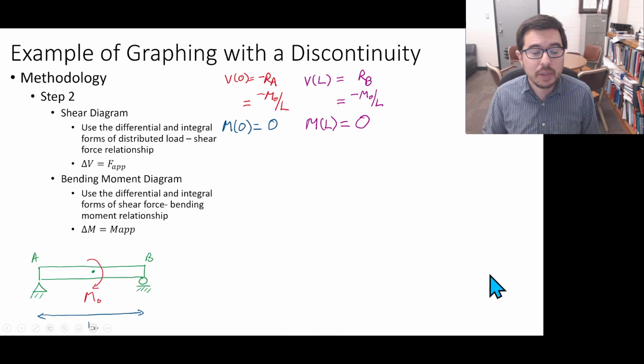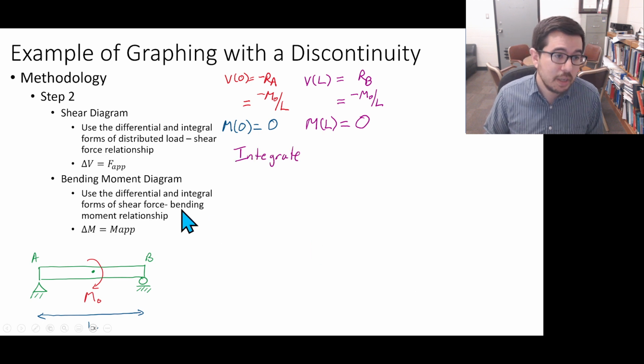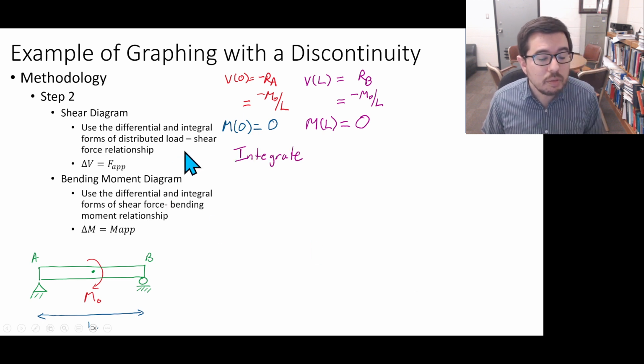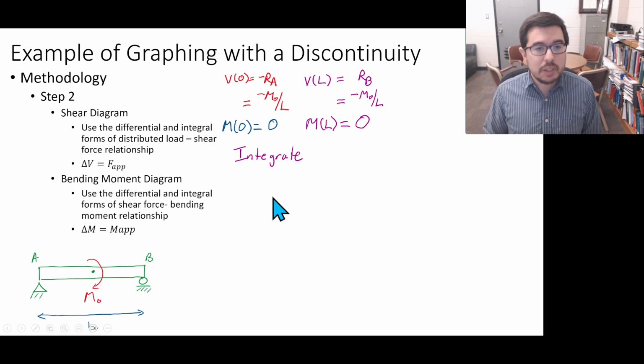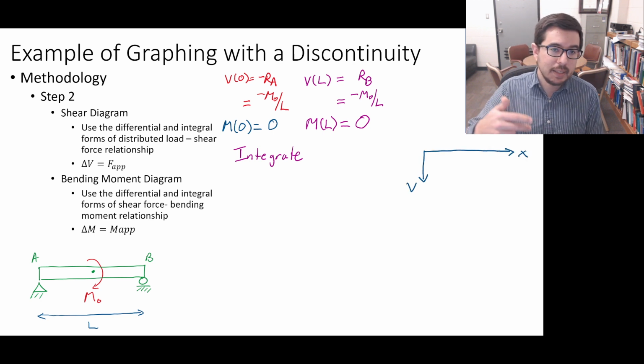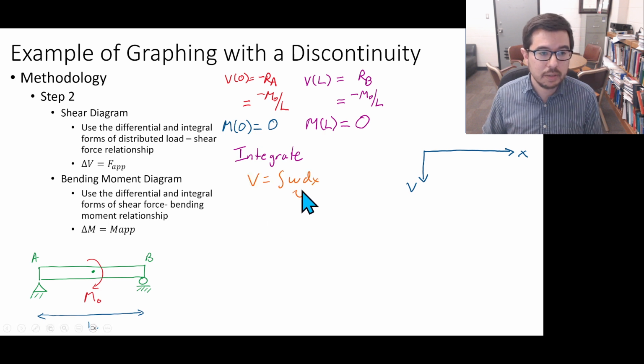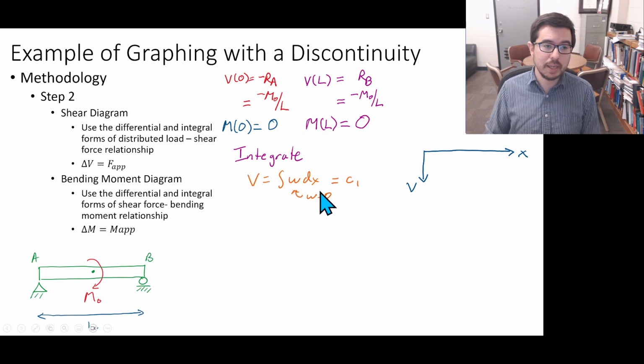As you see here, before we integrate. So now let's use the integral form of dV dx equals w. So dV equals w dx, and we then integrate w dx. So V is equal to the integral of w dx.